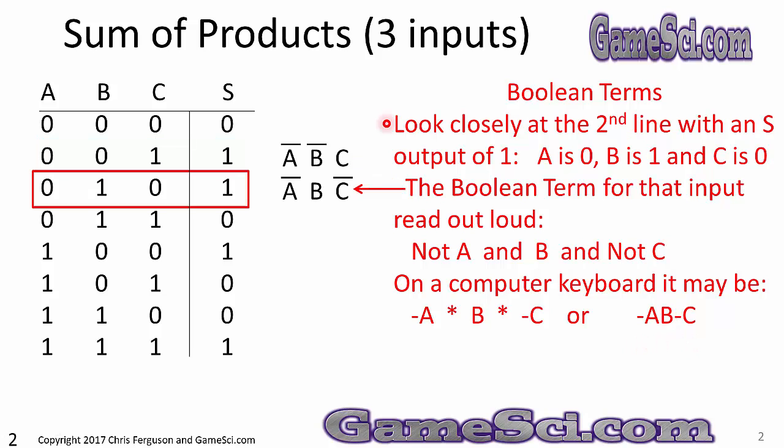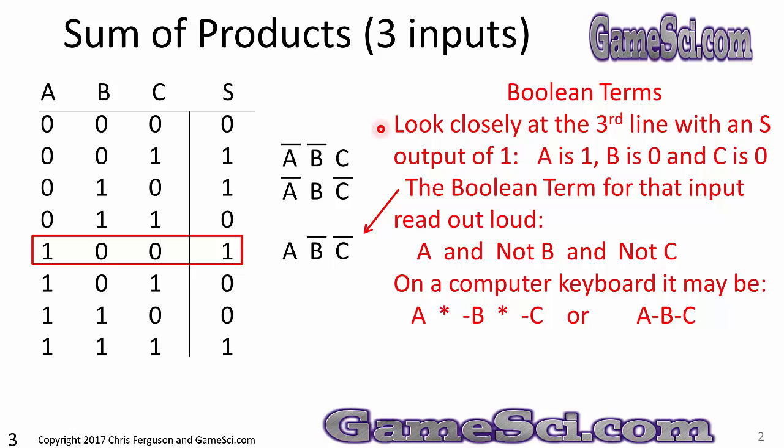Look closely at the second line with an S output of 1. A is 0, B is 1, C is 0. That produces a 1 on the output S. The Boolean term for that input read out loud is not A, and B, and not C. On a keyboard, it may be written this way or this way.